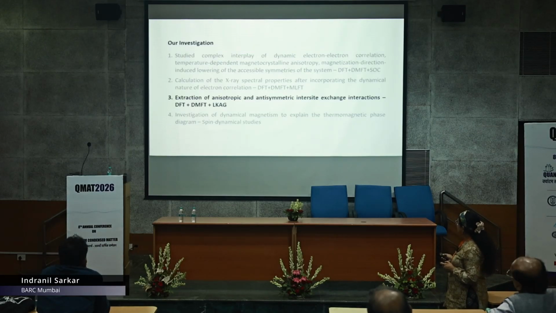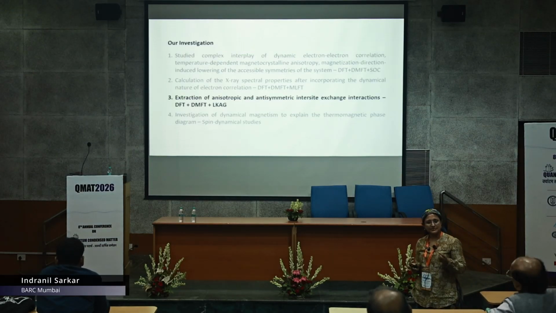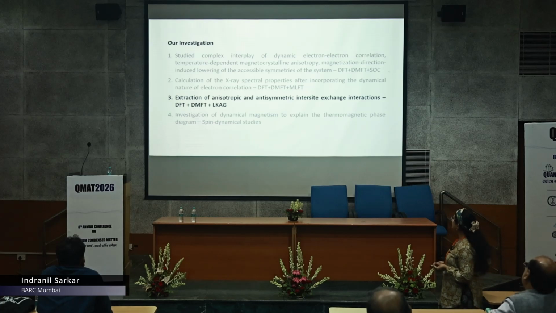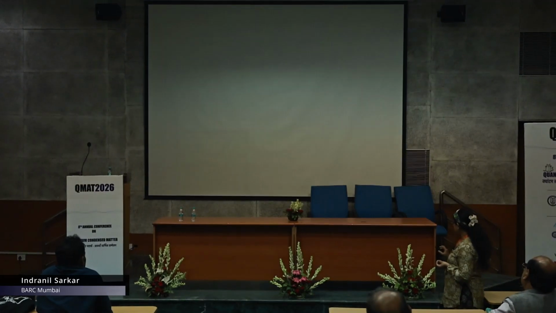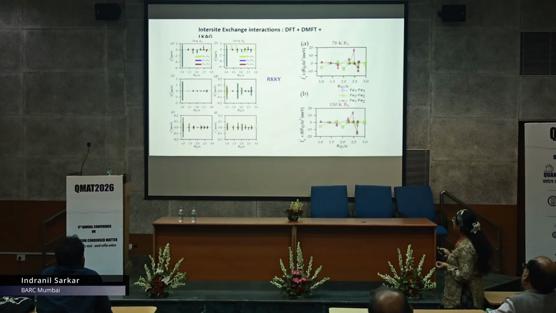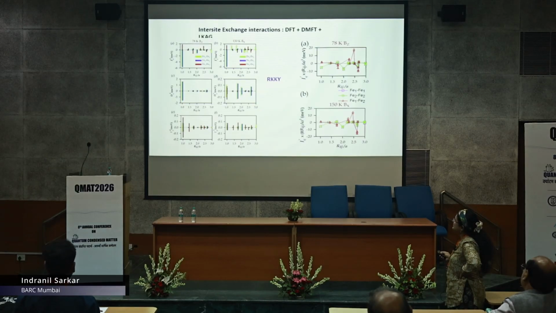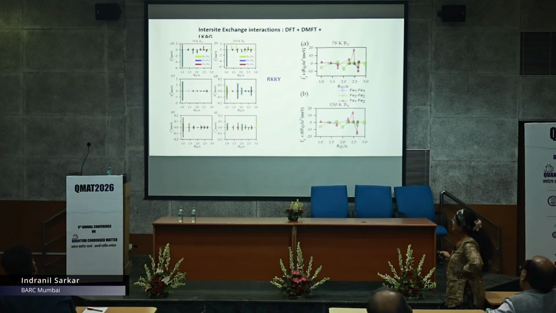Next, we have calculated with the DFT plus DMFT plus LKAG mechanism the anisotropic and antisymmetric exchanges. Here we have calculated site projected pairwise interactions. You can see that the Fe1-Fe1 and Fe2-Fe2 first nearest neighbor interactions are antiferromagnetic, but the Fe1-Fe2 interaction is ferromagnetic.